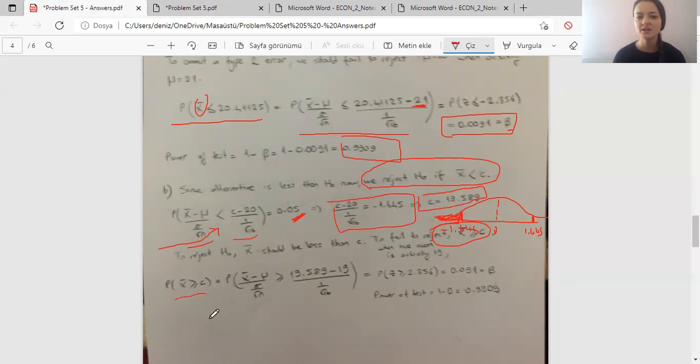We are writing the inequality here and normalizing it with the true mean being 19. So we are finding the inequality as probability of Z is greater than 2.356, okay? And here you see, actually we have found the same probability. It is the same beta again, and the power of the test is the same.